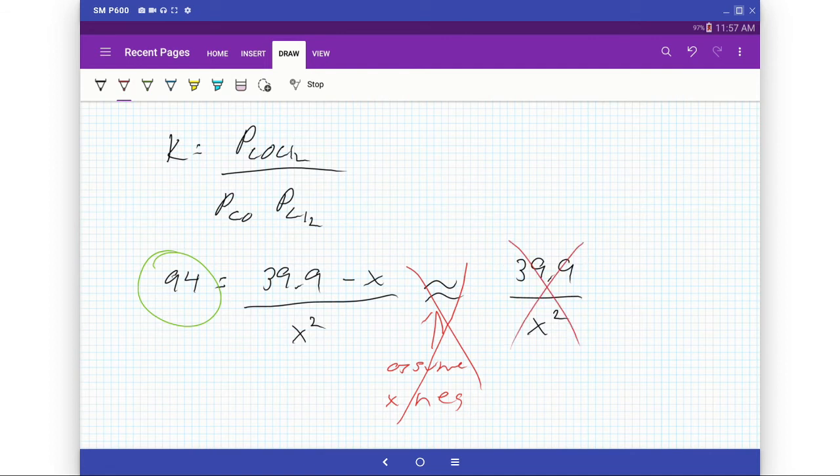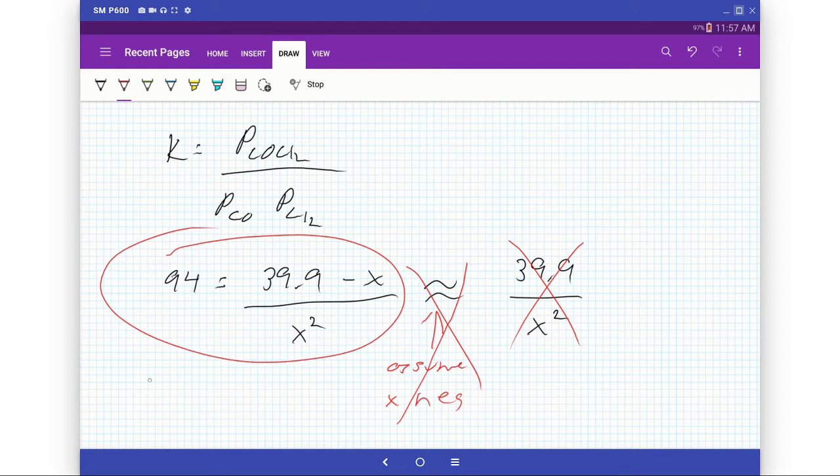Nice try, it doesn't work because our equilibrium constant is not extreme. So that means we have to go back and solve this, the complete expression. This happens to be a quadratic.